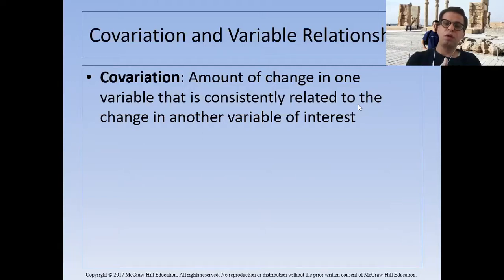When you have $20, you're still going to go to Tim Hortons. When you have $30, you still do, but when you have $50, you go to Starbucks once. When you have $100, you go to Starbucks twice. So the covariance is the amount of change in one variable that's consistently related to the change in another variable.